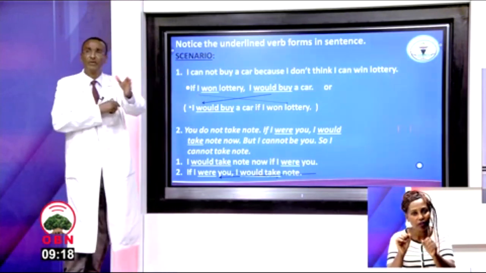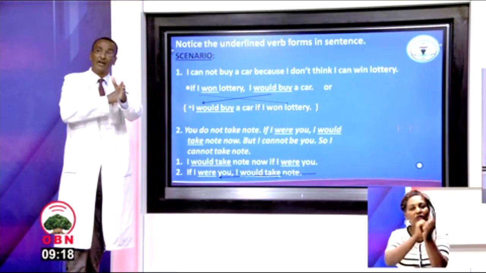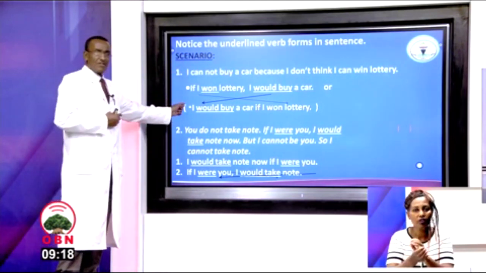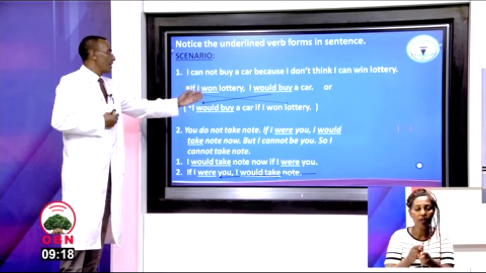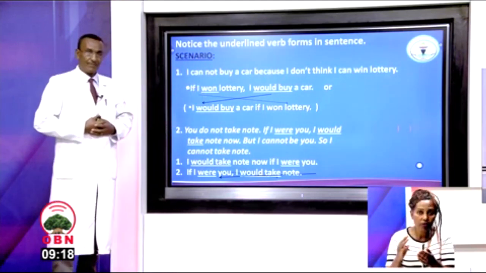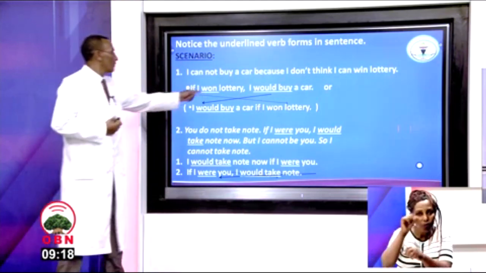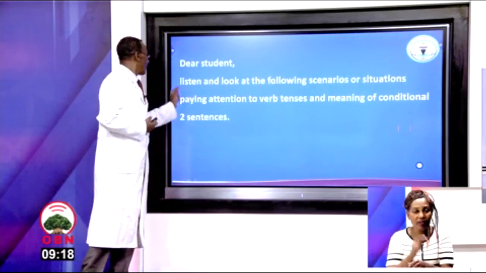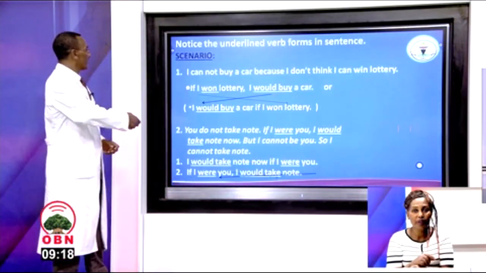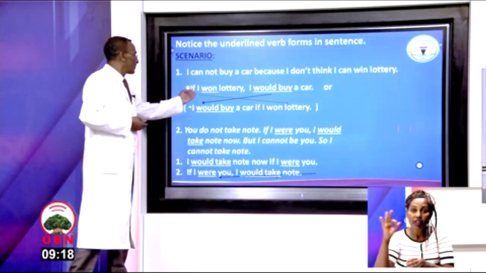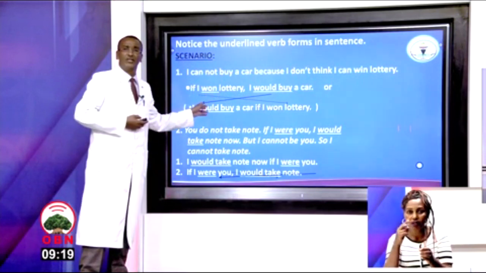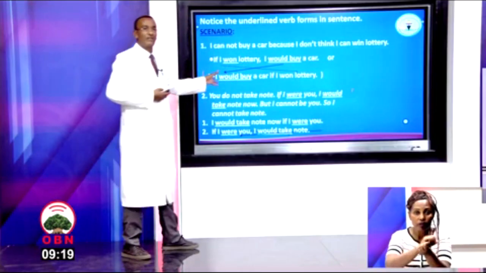Or changing the position of the result clause and the if clause, we can begin with the result clause. I would buy a car if I won the lottery. Look at the comma after the if clause. Look at the lines showing the interchanging positions of if and result clauses.